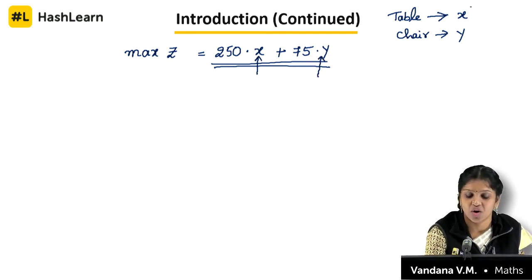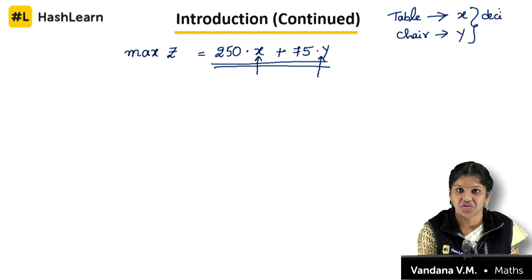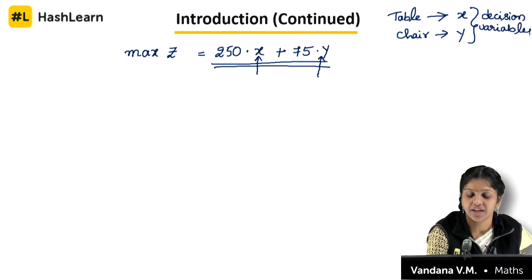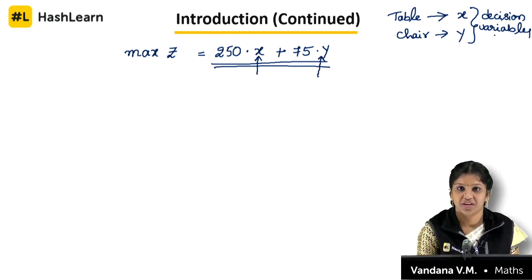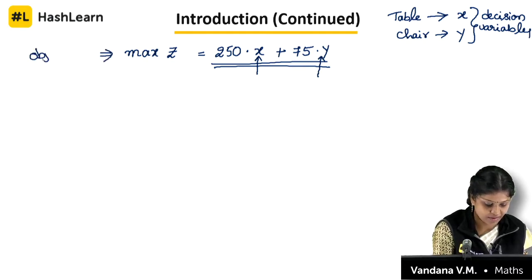So these are called decision variables. This is my decision; based on this I am going to take the decision, so that is why we call them decision variables. Clear, right? This is my intention, this is called the objective.